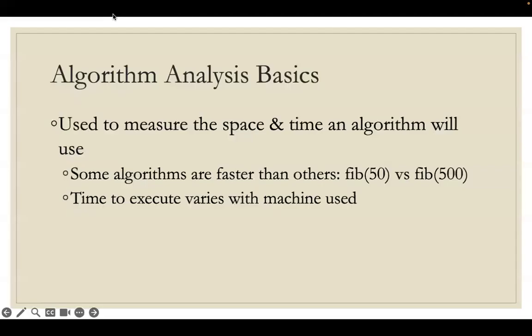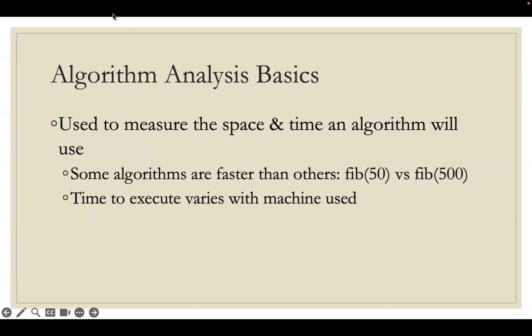So when we've got our algorithms, these programs that do something, we need a way to measure how good it is. So one step is coming up with the algorithm to say, here's what I want to do. The other step is to say, well, how good is it at what it's doing? And so we use something called algorithm analysis to check that. We're looking at its efficiency.